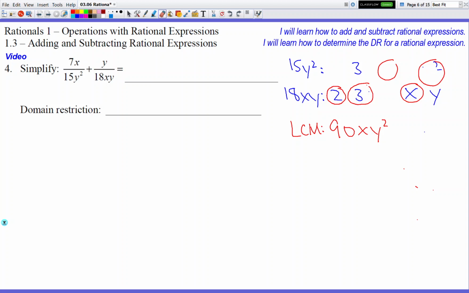Erase whatever you have currently. So we currently have 15y squared. So I just erased 15y squared for all my circles. And whatever is left, that's what I need to use to turn it into 90xy squared. So what's left in the red circles? I got a 6x. So that's what I'm going to put. Oops, let's use the pen. So 6x is what I'm going to multiply to both top and bottom.